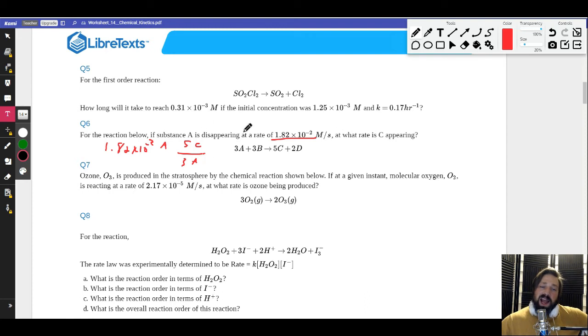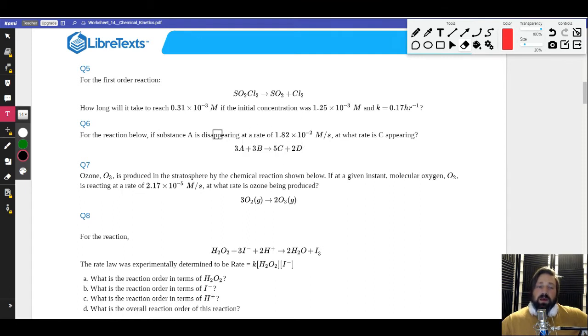If you're wondering how this is stoichiometry when we've been doing some crazy integral calculus stuff, and this is too simple, just remember, if you logic through it, that for every turn of this reaction, I'm losing 3A and gaining 5C.